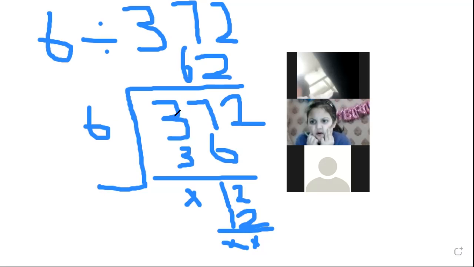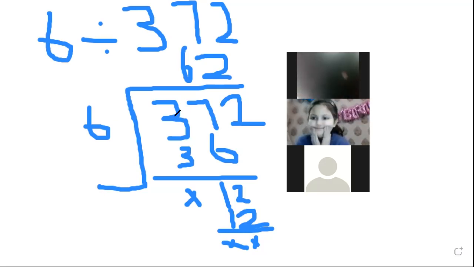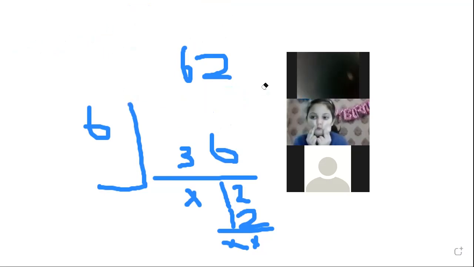As 37 is not present in the table of 6, we will find a number which is less than 37, and it's 36. And we all know that 6 6s are 36. Okay? Sila? Yes, we know. Okay, done with this question? Yes. Okay. Now goodbye. Take care.